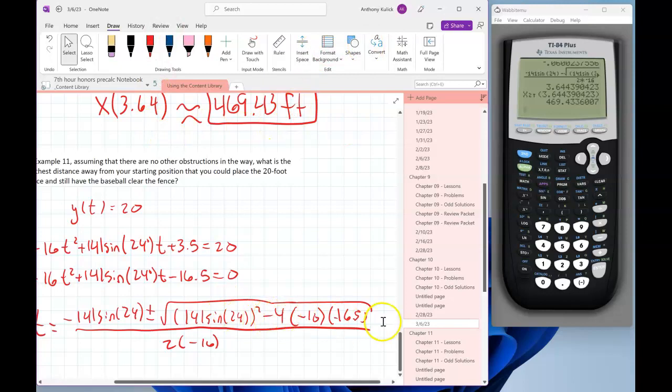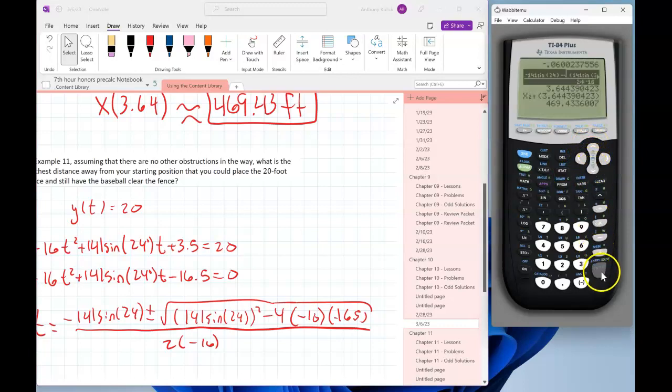Here's the nice part about this. What's the only thing that's different from the way this is typed in from the last one? Just that, right? So all I'm going to do is go back and retrieve that last one and just change 3.5 to negative 16.5 and press enter.